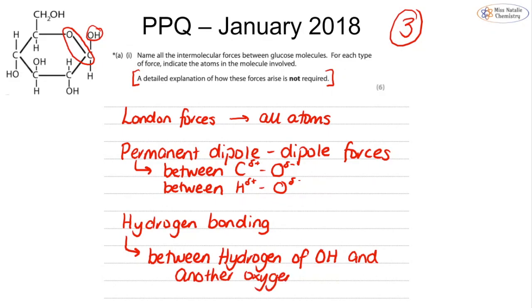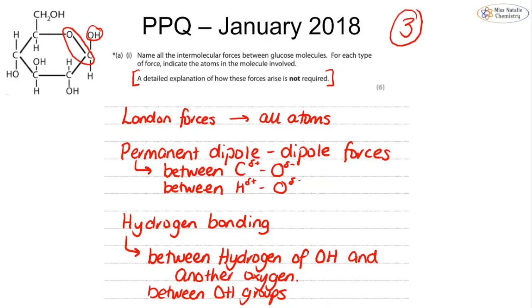So we have to be very specific about what atoms are actually taking part here. We could also say between the OH groups, that is also an accepted answer, or because hydrogen is bonded to a very electronegative element, that would also be an accepted answer.